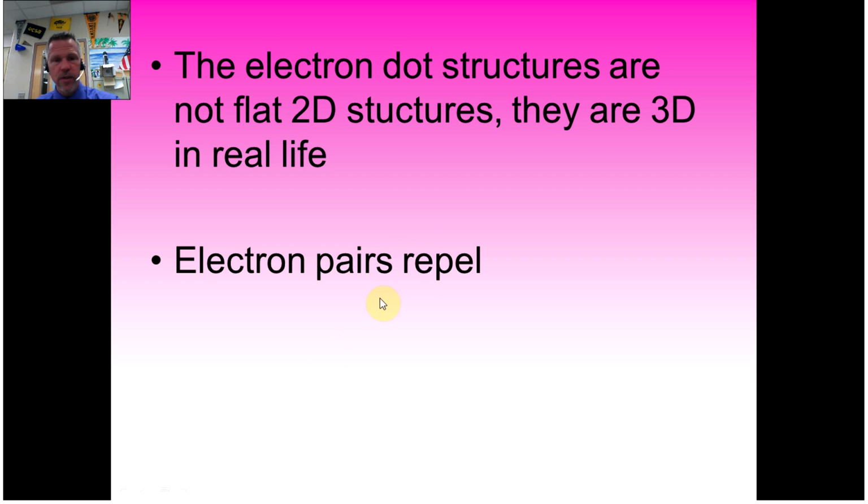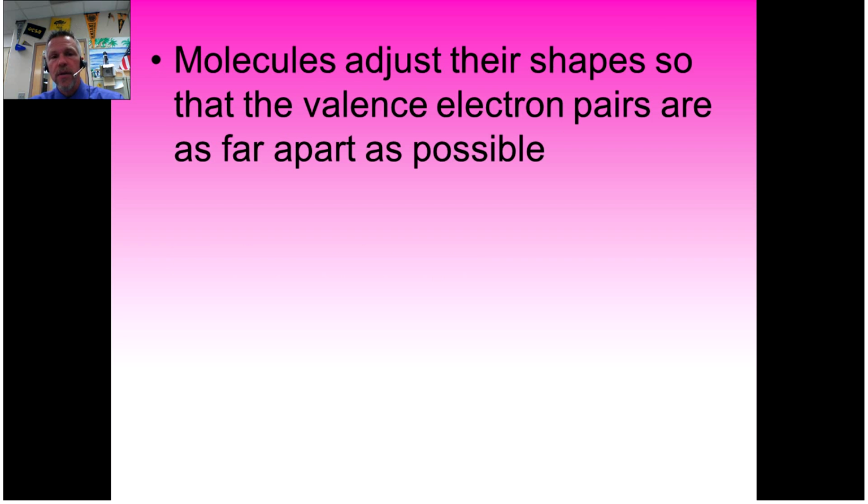Electrons are negatively charged and they don't want to be near other negatively charged entities, so they push each other away, they repel each other, and that interplay of the electron pairs and different components of the molecule all combine to give a molecule its three-dimensional shape. So we're going to look at how molecules adjust their shapes so that the valence electron pairs can be as far apart as possible. That's really what drives the shape of a covalent compound.